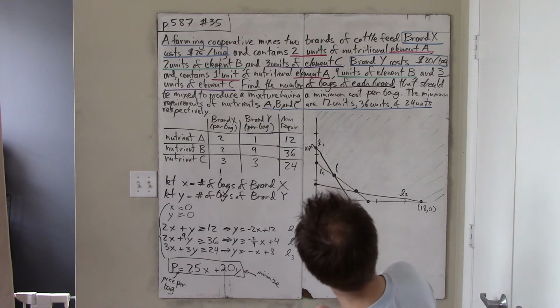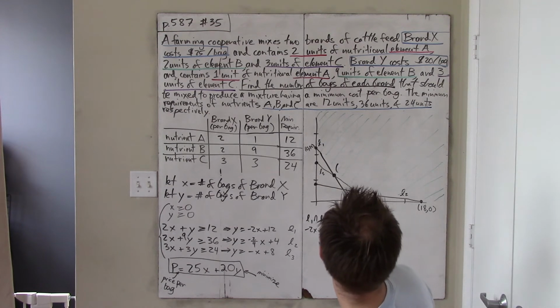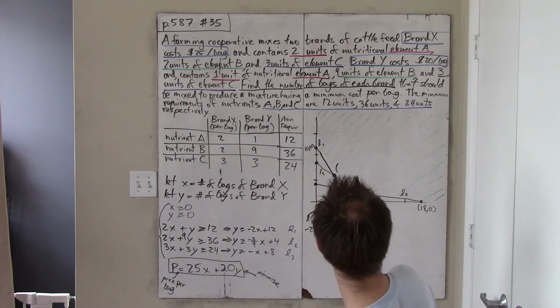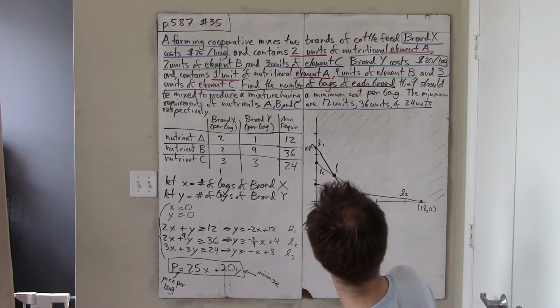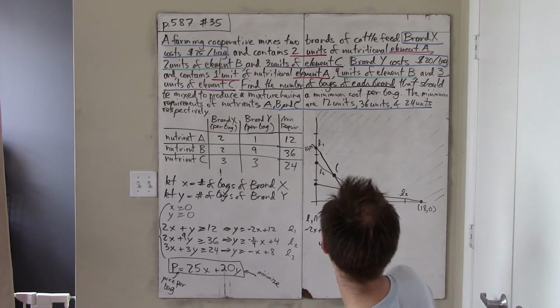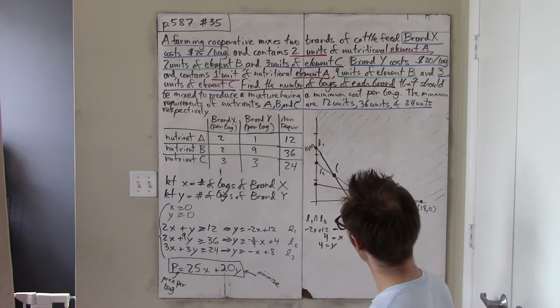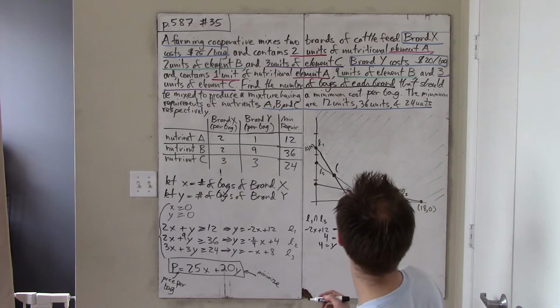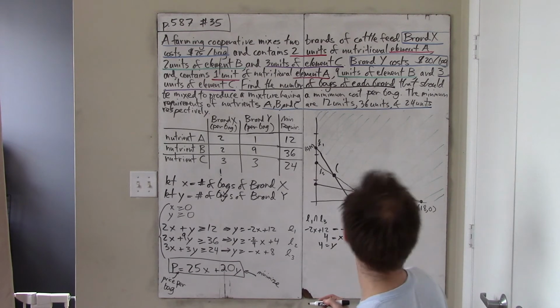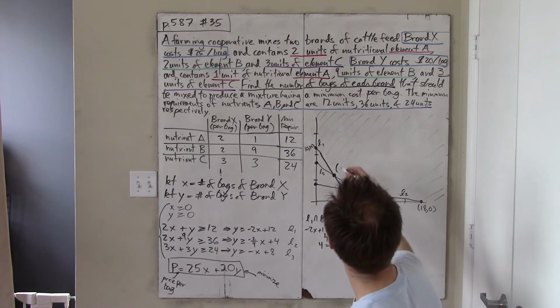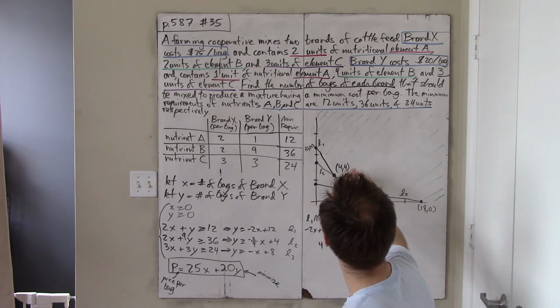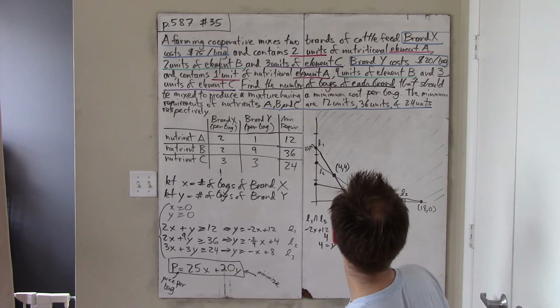So I guess that's point, that doesn't seem right. But maybe it is. No, it just can't be right. Yeah, I guess it is. When x is 4, y is 4. Okay, so that means my graph is pretty bad. But I guess that's the point 4, 4.